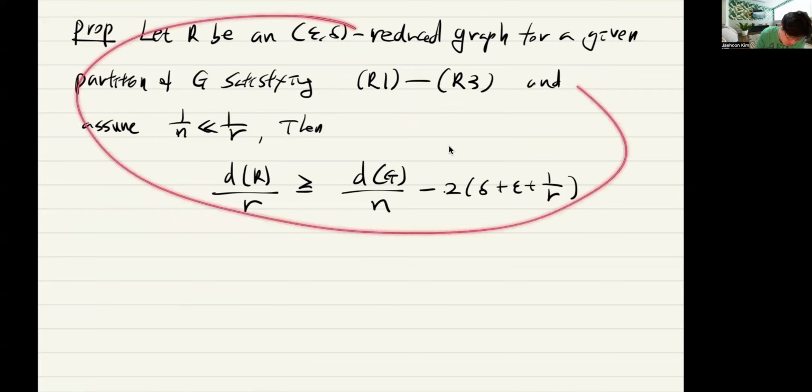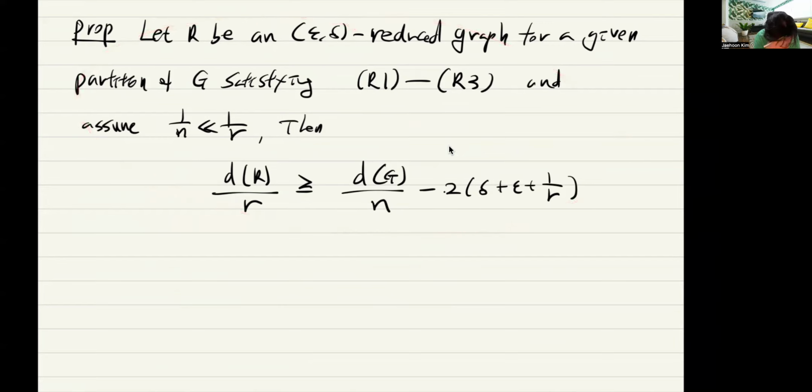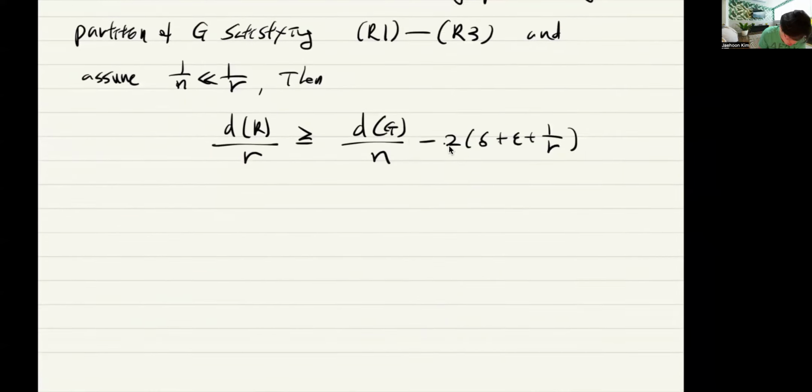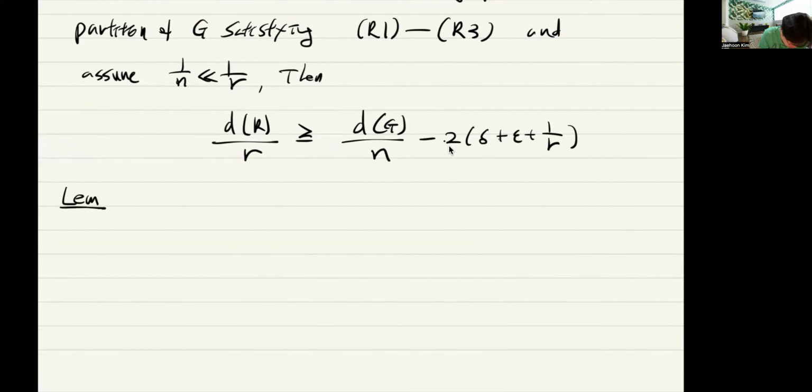Okay, I will not prove this proposition, but it's not difficult, so you can just check yourself to make yourself more familiar with the concept of regularity and this reduced graph. Also, the following lemma will be useful, showing that this epsilon d regular pair acts as I explained before.